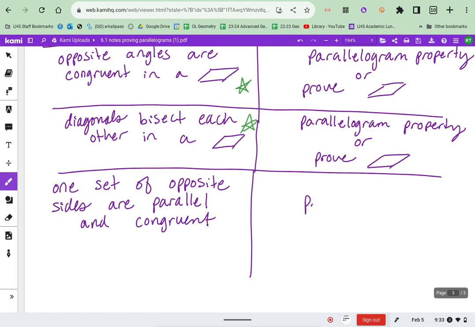And this one we just use to prove that what you're looking at is a parallelogram.